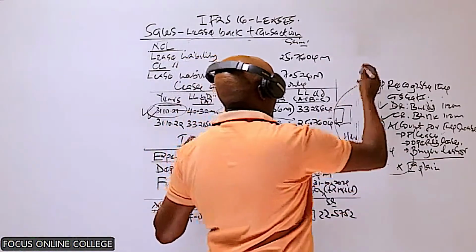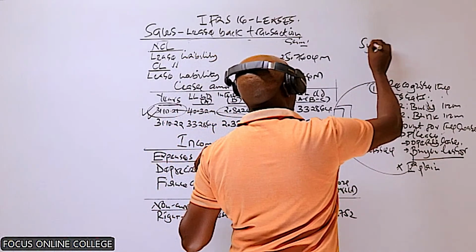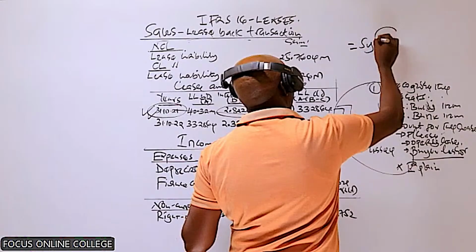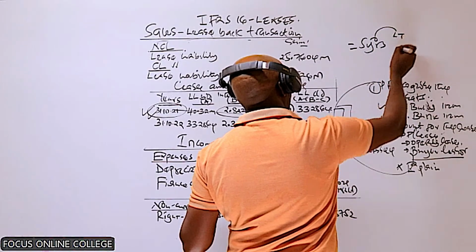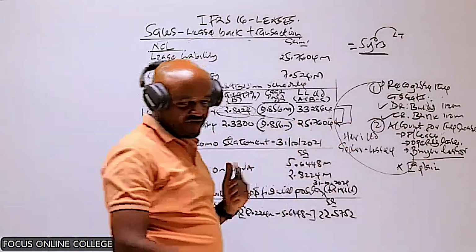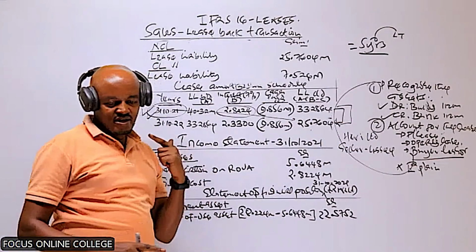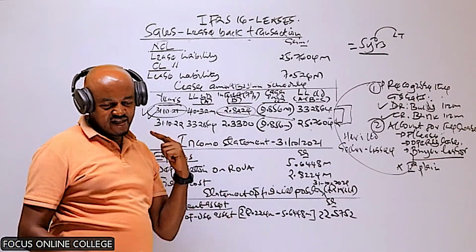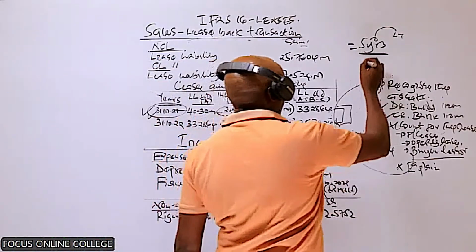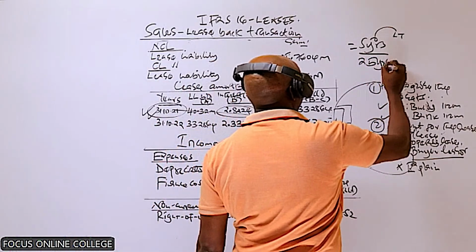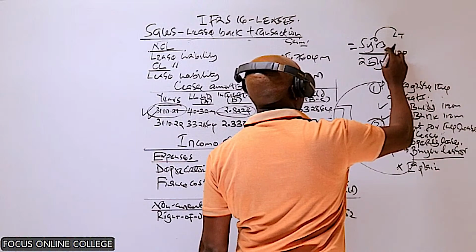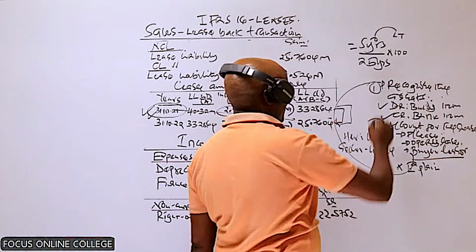Remember, we are told that this asset was leased for how many years? Was leased for 5 years. This is the lease term. We said you take the lease term, divide that by the remaining economic life of the asset. The remaining economic life of the asset, we were told, was 25 years, and then we express that as a percentage.